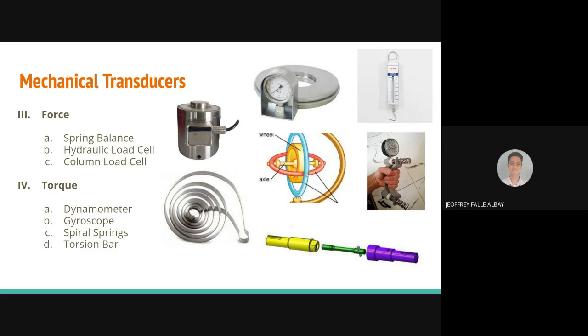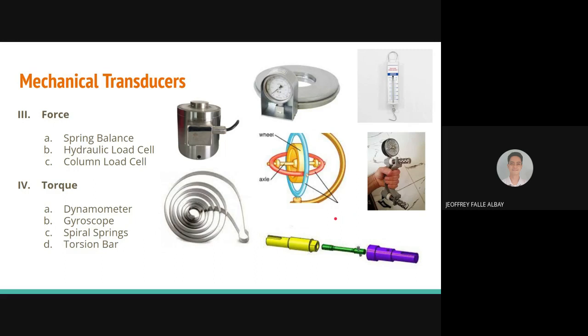The next category is the torque. Under torque, there are four types, and the first type is the dynamometer. So dynamometer is a device for measuring force. So next is the gyroscope. A gyroscope is a device containing a rapidly spinning wheel or circulating beam of light that is used to detect the deviation of an object from its desired orientation.